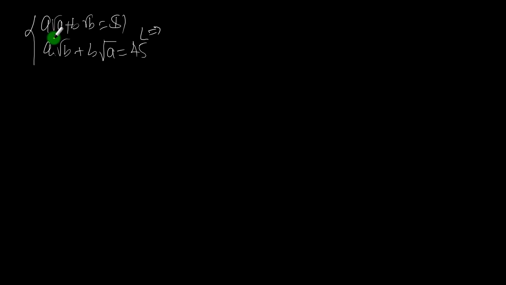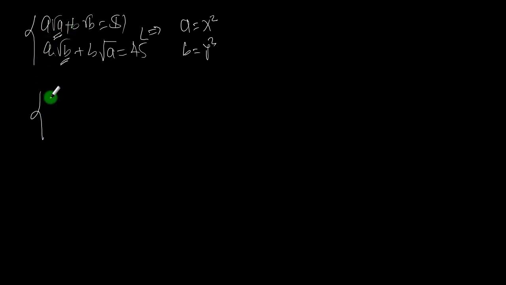Well, as I have the square root of a and square root of b, to eliminate this square root, I'm going to say that a is equal to x squared and b is equal to y squared. Given this, I'm going to replace the values in my original equation.